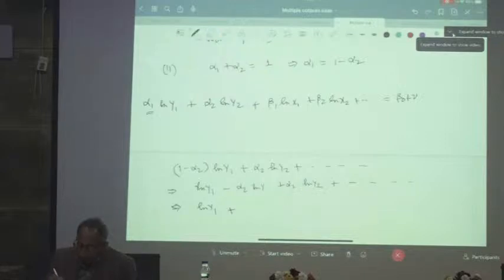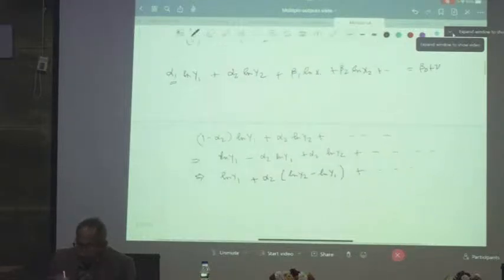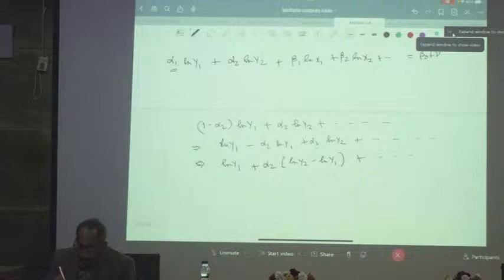Okay, so you have alpha 2, so I can take alpha 2 common, and then I get log of y2 minus log of y1. The rest of the terms are fine. So now in the last line, I have log of y1 plus alpha 2, and I can write this as log of y2 over y1.